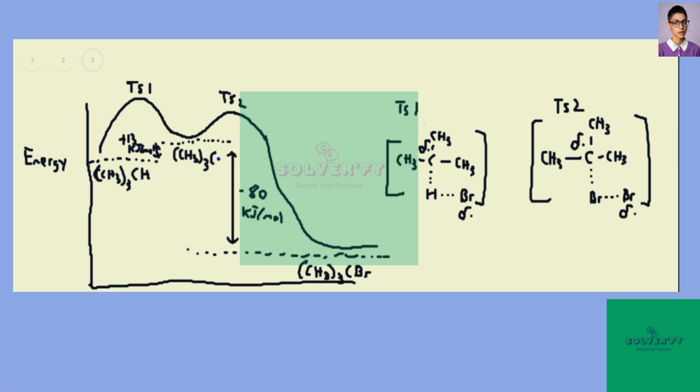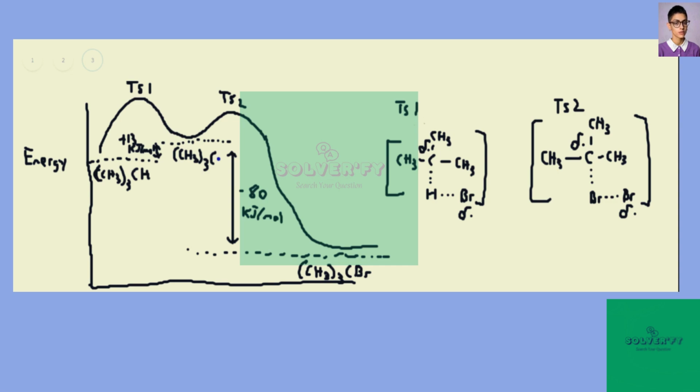It's showing how to get from tert butane, we require 13 kilojoules per mole to get to this carbon radical. Then forming the carbon bromine bond is going to release that 80 kilojoules per mole, which we calculated in the previous part of this problem. There's the energy diagram with transition state 1 and transition state 2 labeled.